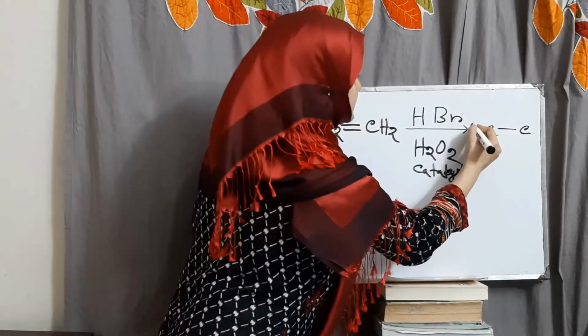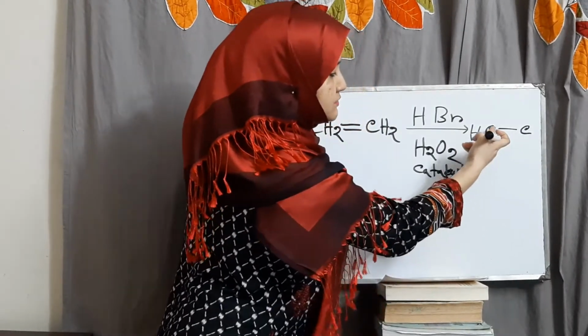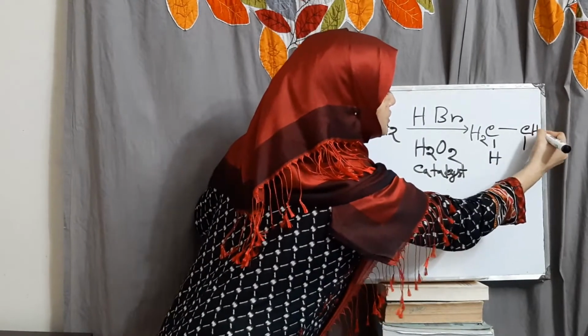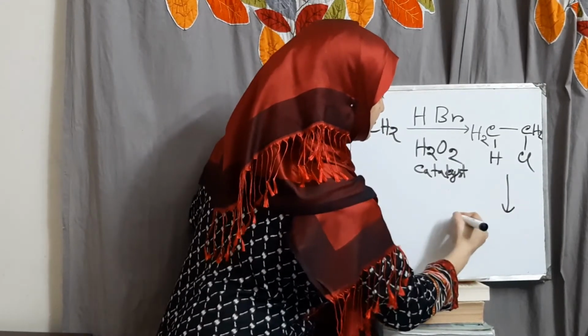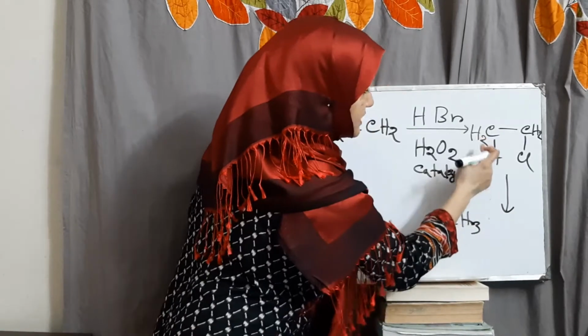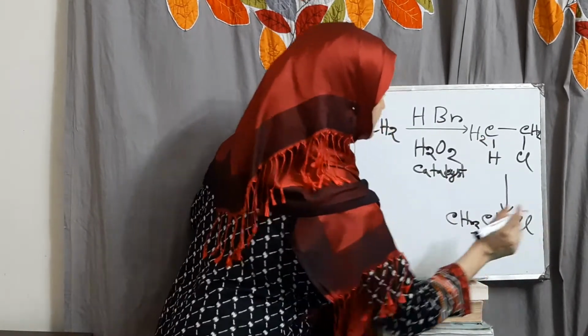The double bond breaks and converts into a single bond, CH2 single bond, to fulfill the tetravalency of carbon. Finally the product is CH3CH2Br.